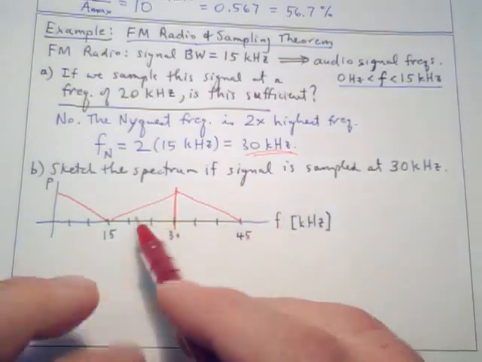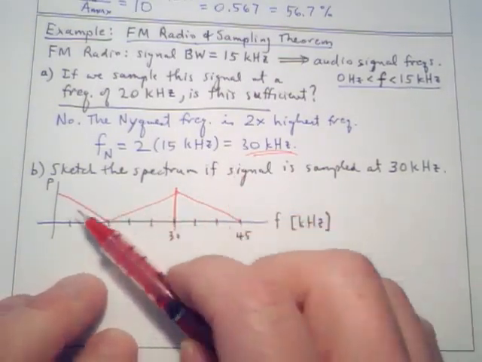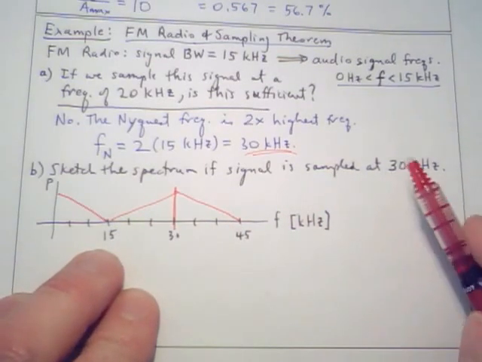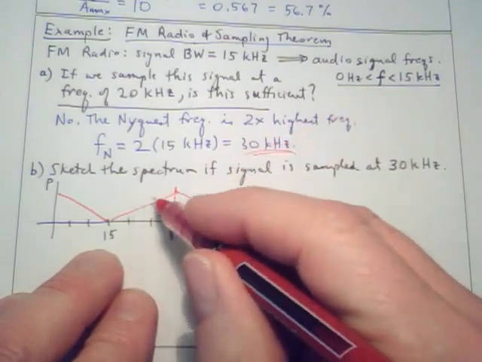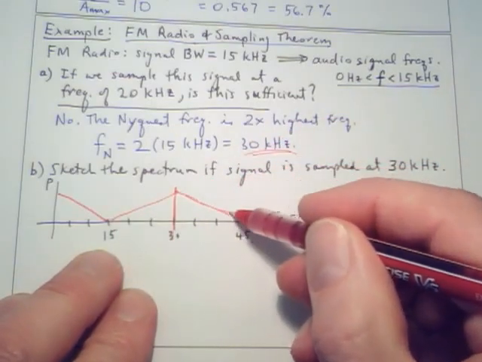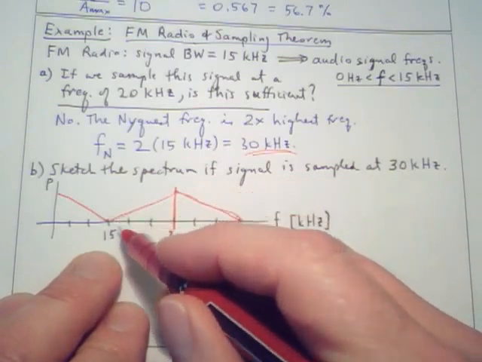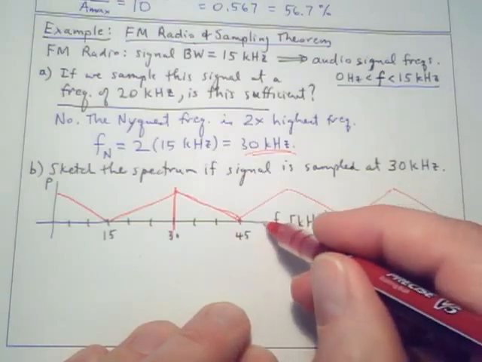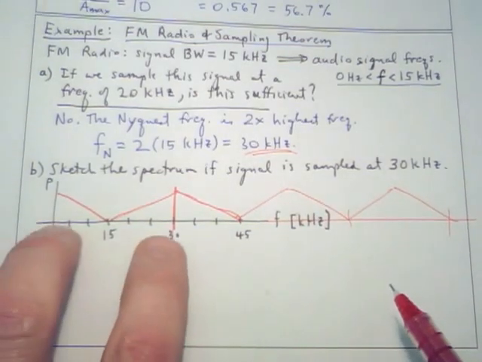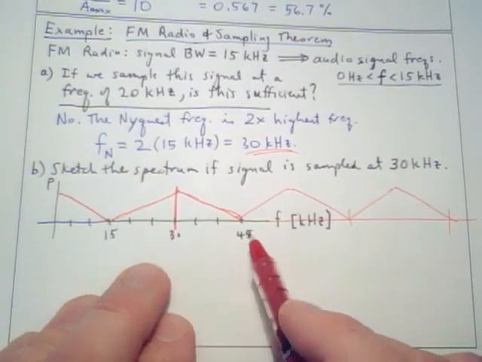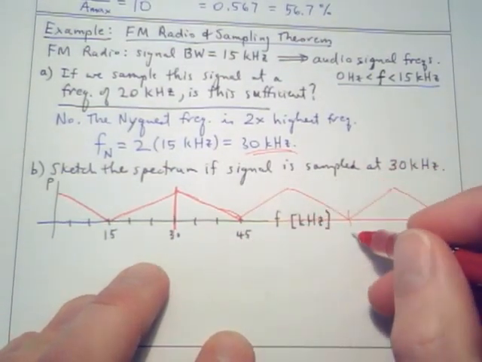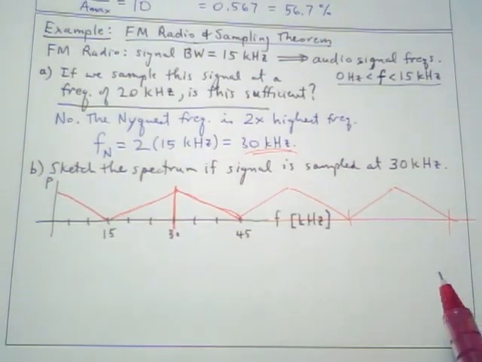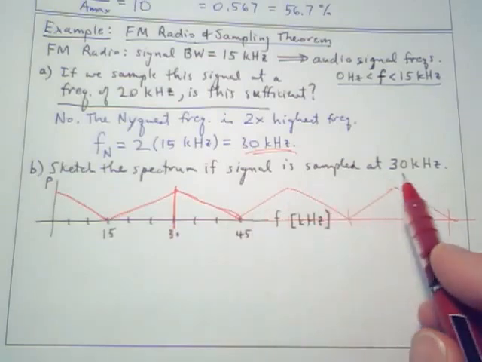So this signal has its power in the range from 0 to 15, but if I sample it at 30 kilohertz, I also have another copy between 30 and 45 kilohertz and an inverted copy between 15 and 30 kilohertz. I can draw this out every 30, 45, 60, 75, 90, 105, etc. in frequency. That's what the spectrum looks like if we sample at 30 kilohertz.